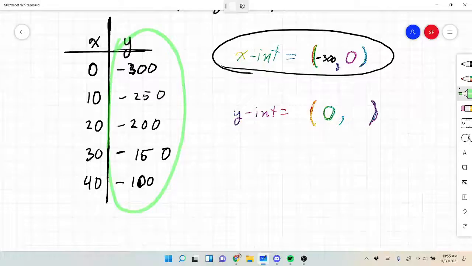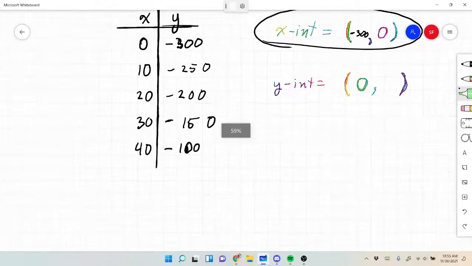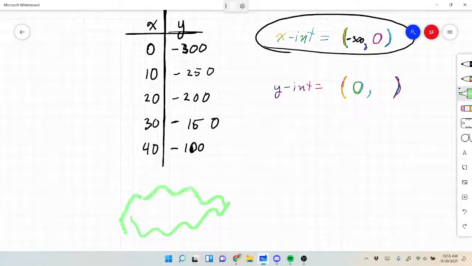So we are headed in the right direction as we go down this table, right? So the y-intercept is going to be somewhere down here. These ones on the right-hand side, the y's are changing by how much? 50. We're adding 50 each time. 50, 60. It is going to be 60.